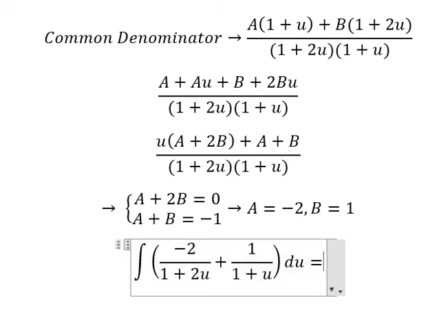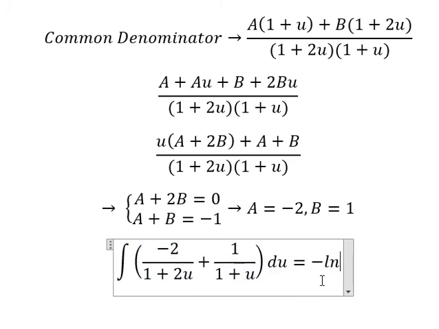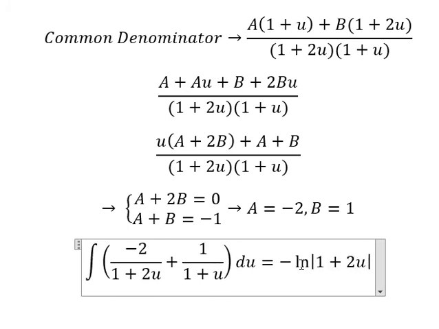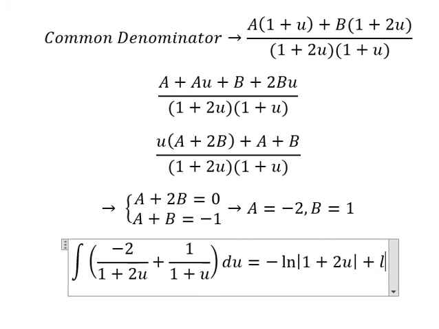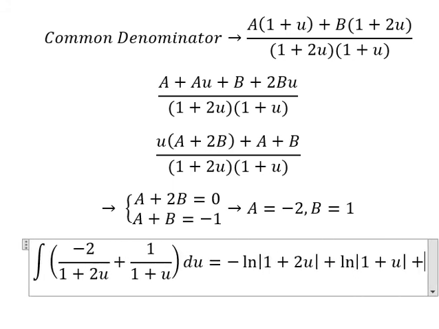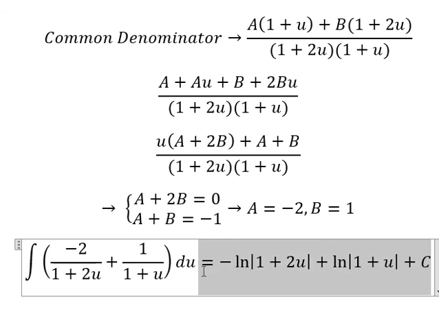We have negative ln of the absolute value of 1 plus 2u, because if we do the first derivative of this one, we have number 2 over 1 plus 2u. This one we have ln of the absolute value of 1 plus u, and I will put c.